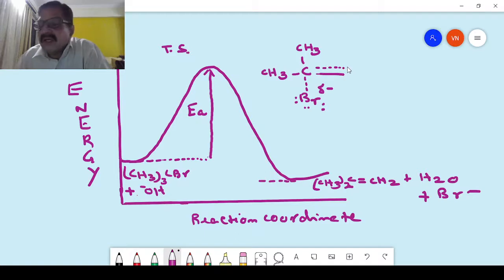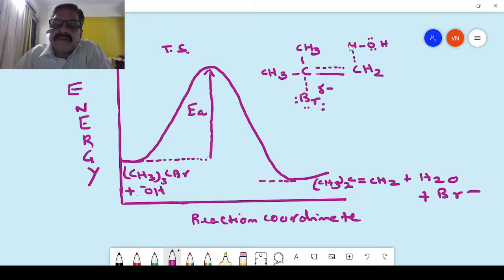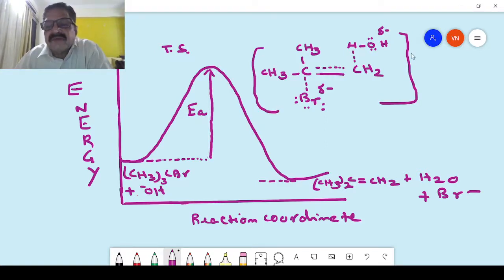This double bond is partially formed here. Okay, now the CH2 here. Then there will be a partial bond with this water, H. Then we have OH. Okay, there will be a partial negative charge here. So this is our transition state for this reaction. Correct?